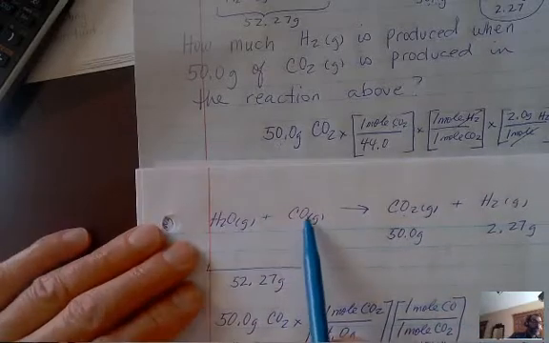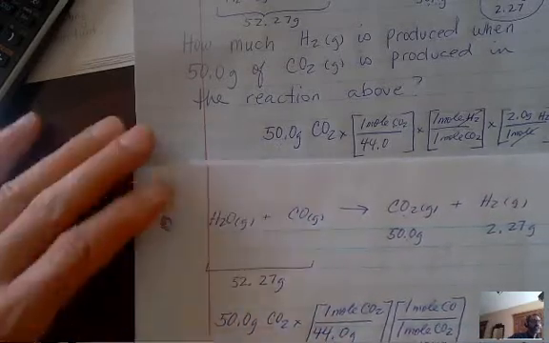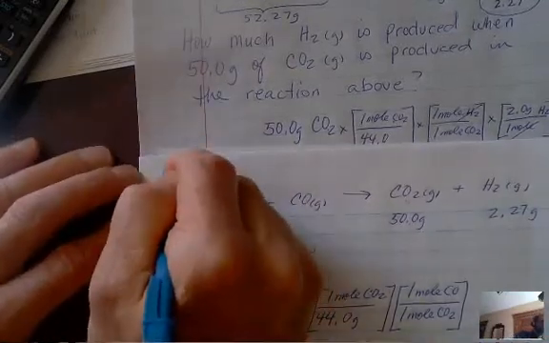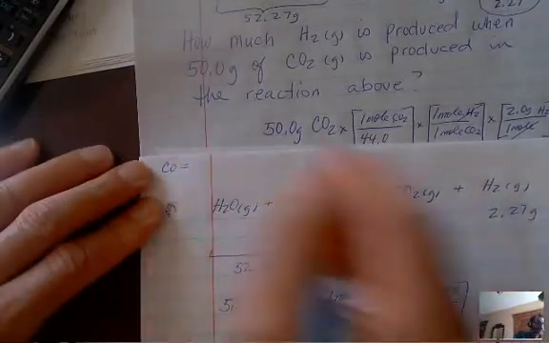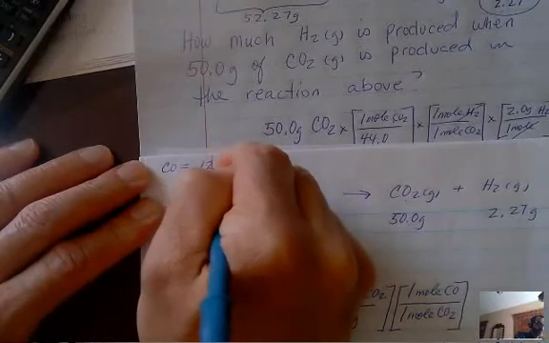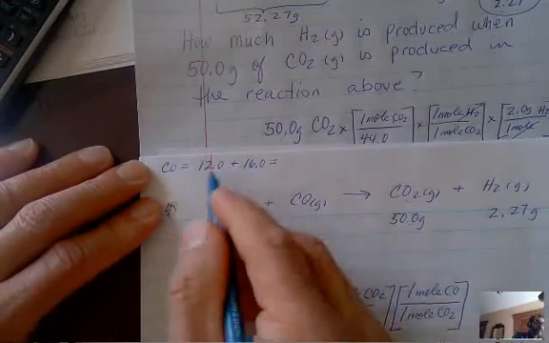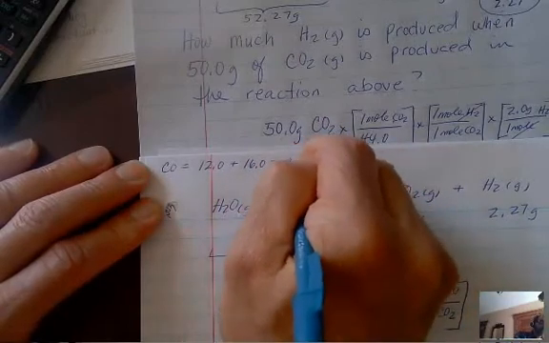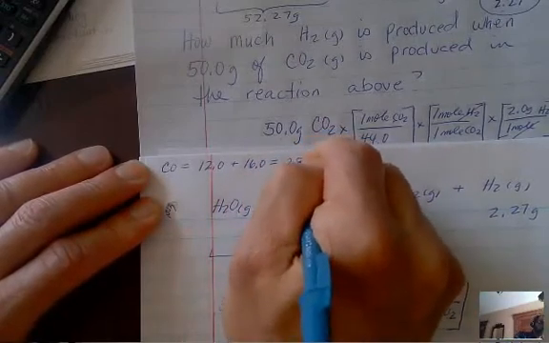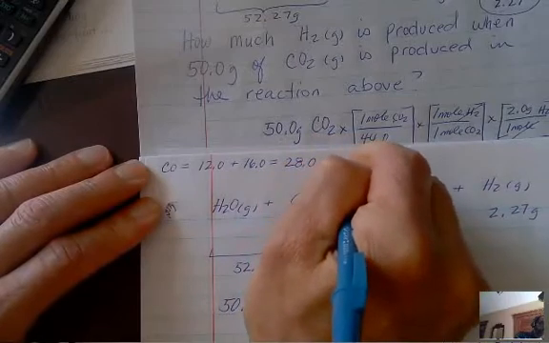Okay, we need a molar mass for carbon monoxide, so I'll do that up in this top corner, right? Very simple. The molar mass for carbon monoxide is 12 for carbon plus 16 for oxygen, right? So that's going to give you 28. 28 what? Grams per mole.